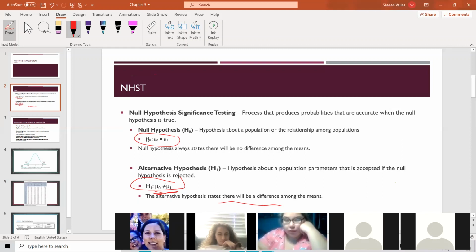So why on earth do we do this? Why are we even going to worry ourselves about the null hypothesis? Like Natalia's saying, if they're from the same population, why won't there be differences, or why is it even worrying about that? I don't know who came up with this stuff, but it makes sense.